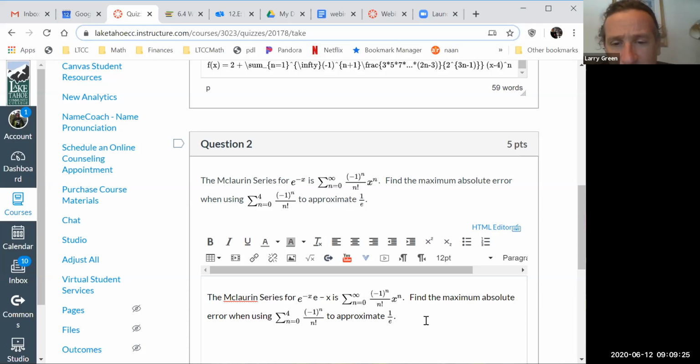All right. So what do I do here? This is an easy one. That's a hint. What does the theorem tell me? So what's the theorem tell me about maximum absolute error? Guys, remember?